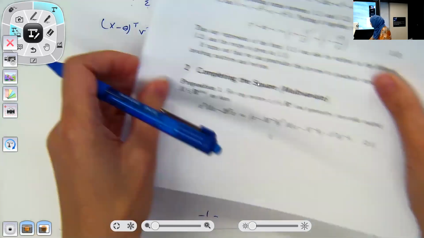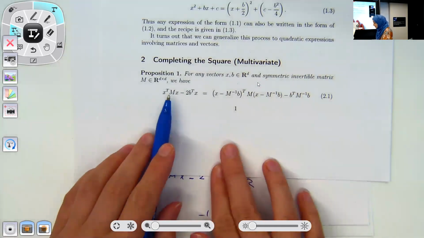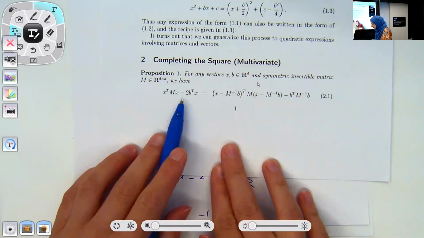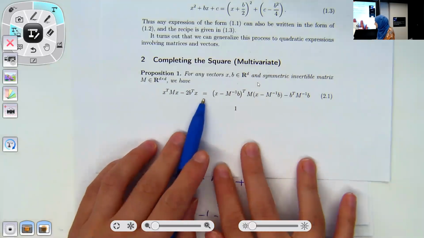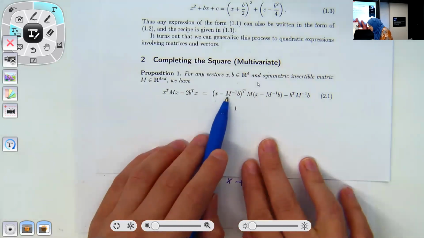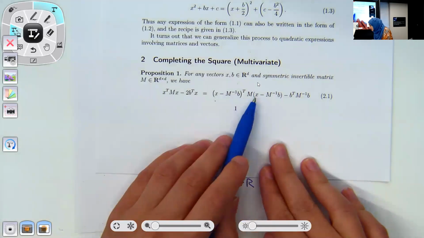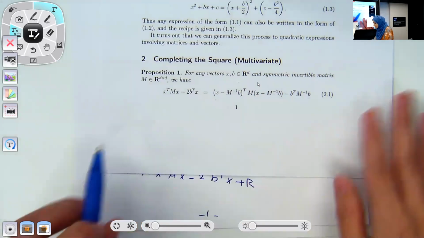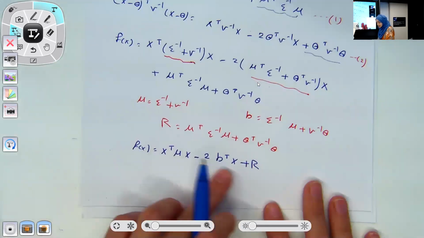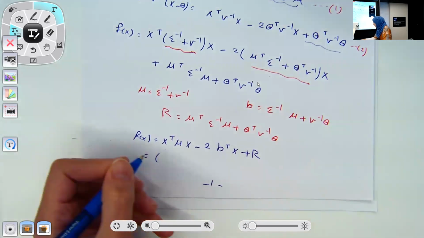This is equivalent to, if you have X transpose mu times X minus 2B transpose X, we can expand it and write it as X minus mu inverse B transpose multiply with mu multiply with X minus mu inverse B, minus B transpose mu inverse B. So if you try to analyze this part, we can write it as what we have here.